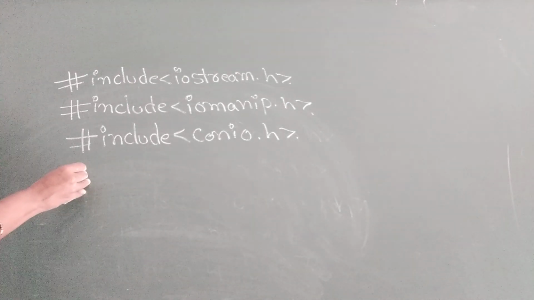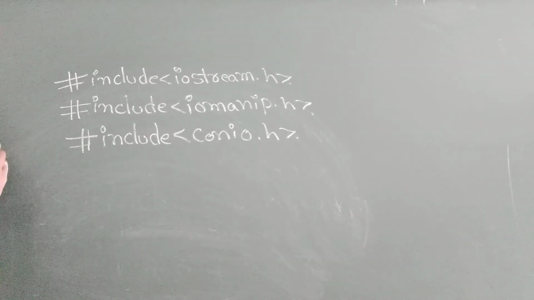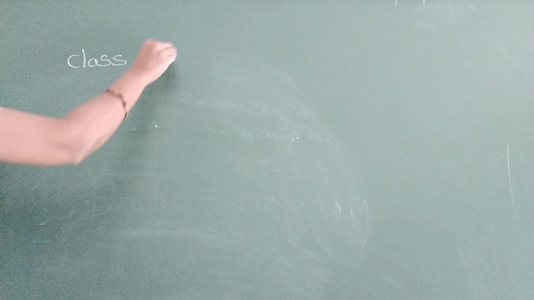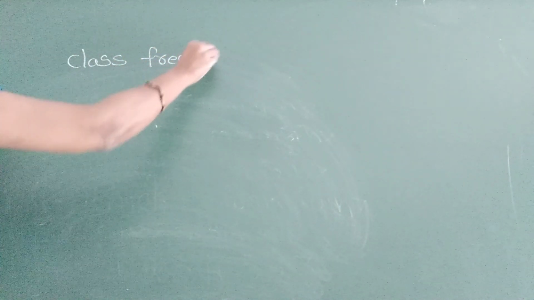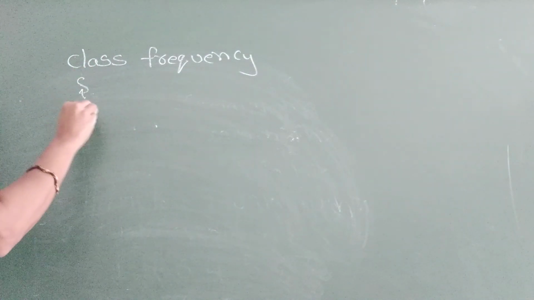Now the class started here. Time and space problem is there, so just remove this part. Now class frequency and the body of the class.